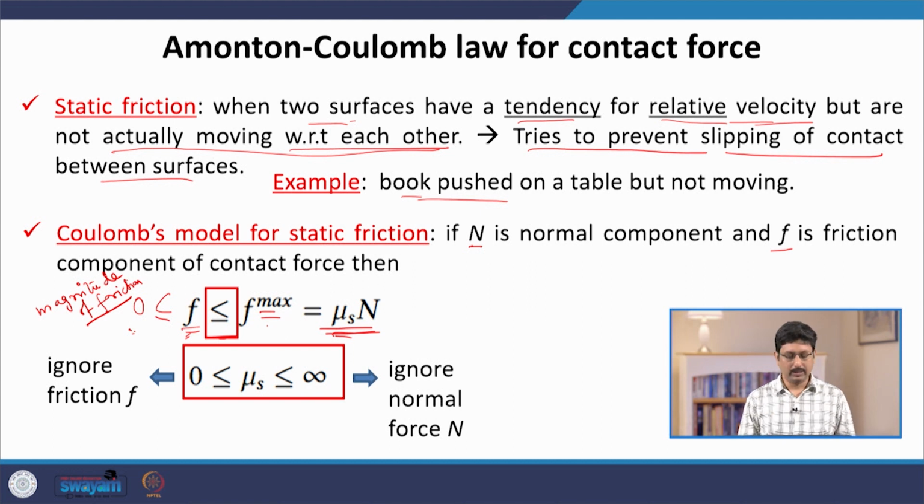The second point is that if I ask students what is the value of mu, I always get the answer that mu varies from 0 to 1. So, what is mu? Mu represents the ratio of the frictional component, the horizontal component, and the normal component of the force. Now, what does mu equal to 0 signify?